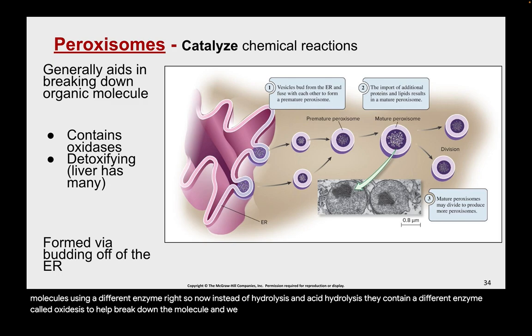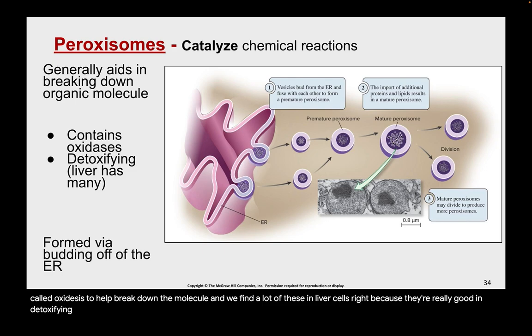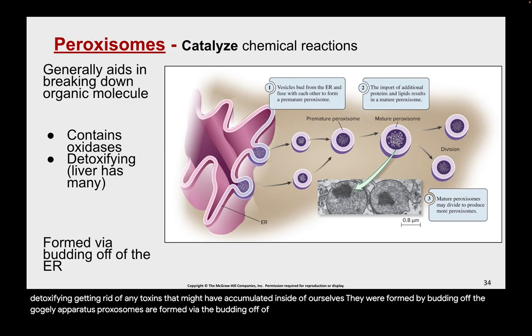And we find a lot of these in liver cells, because they're really good at detoxifying, getting rid of any toxins that might have accumulated inside of our cells. So the lysosomes were formed by budding off of the Golgi apparatus. Peroxisomes are formed via the budding off of the endoplasmic reticulum. So different sites of formation as well.